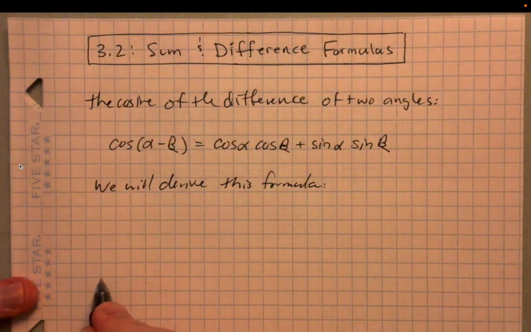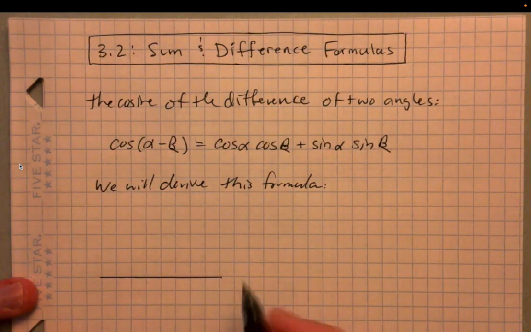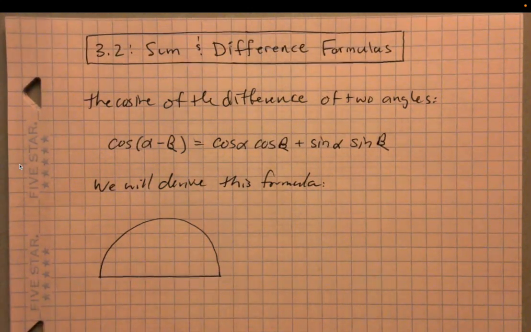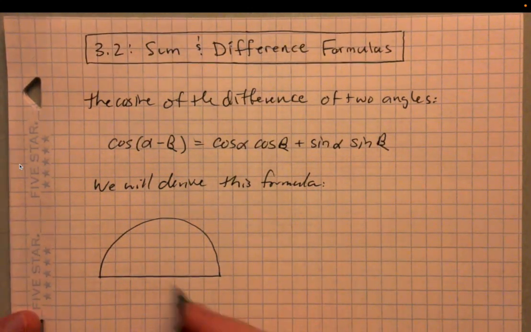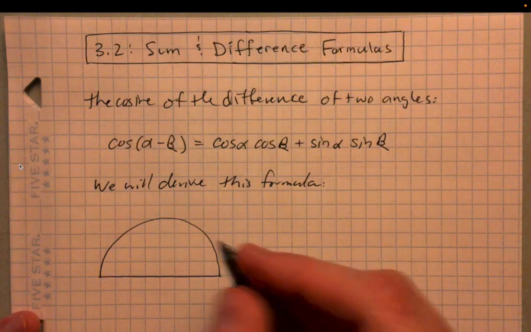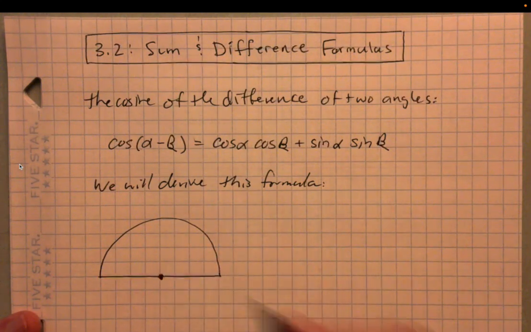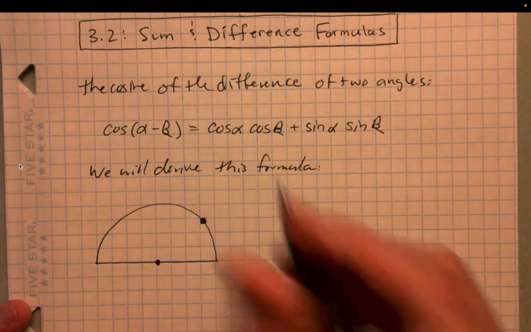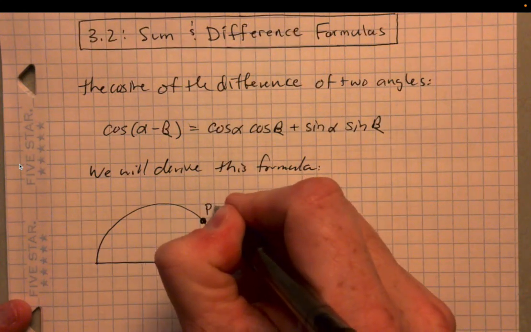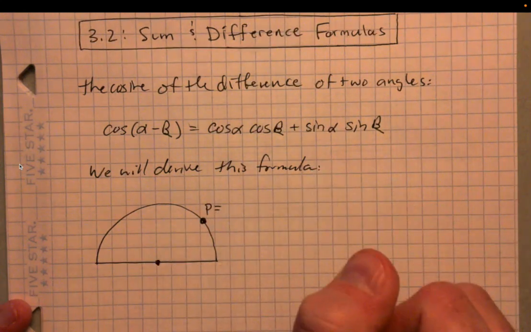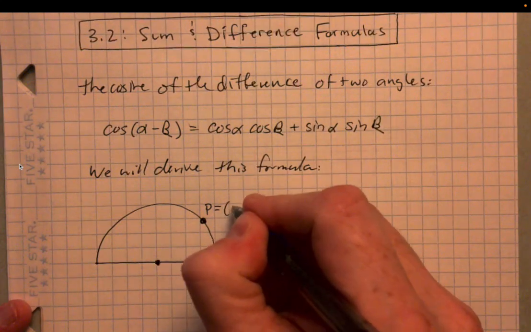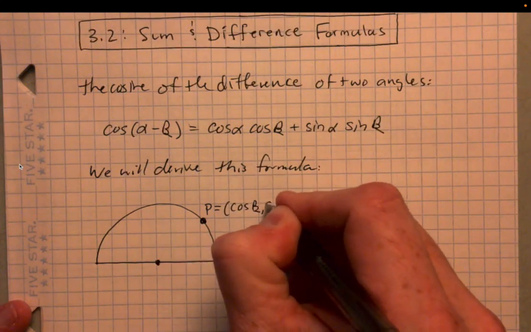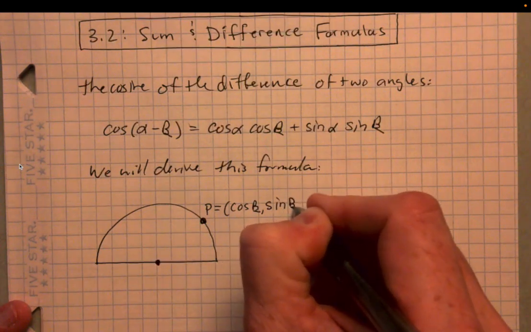Okay, so we're going to start by, what we really need is the upper portion of a unit circle for this derivation. Okay, and so I've got the upper portion of this unit circle, and this would be like the center of the unit circle, and somewhere on here I'm going to put a point, and I'm going to label the point P, and we know that that point P is cosine of some angle beta and sine of some angle beta, right?